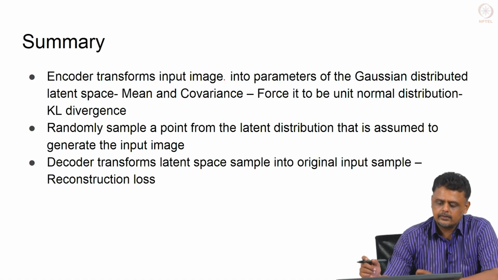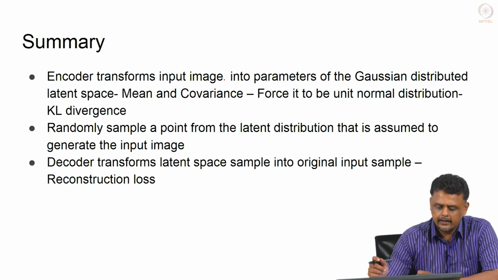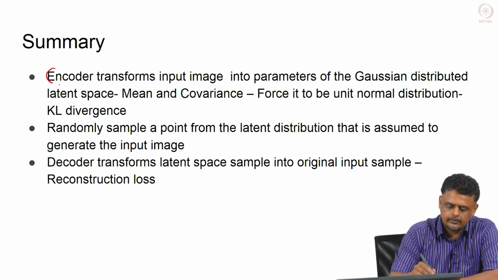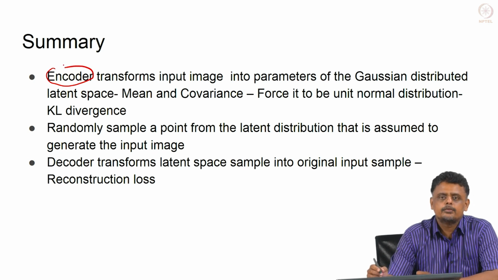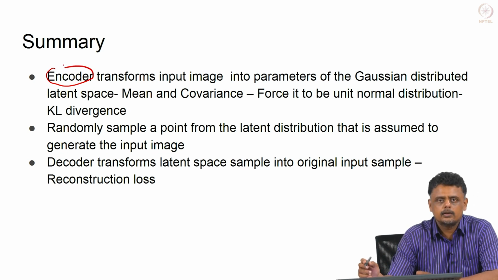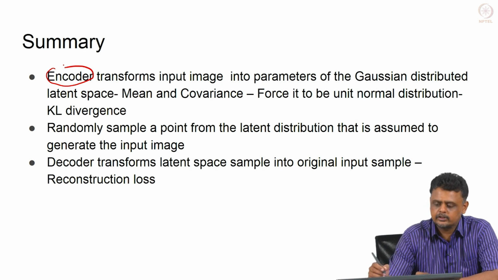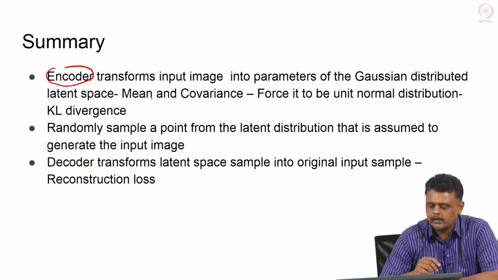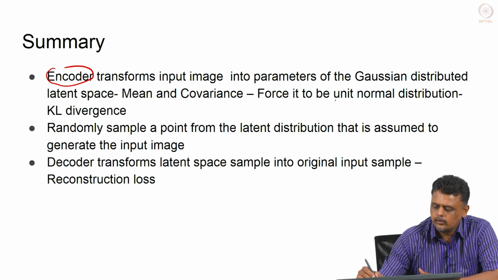So, to summarize, the encoder is a neural network that transforms the input image into parameters of a Gaussian distribution. This Gaussian distribution corresponds to the latent space, and so we had the mean and covariance corresponding to the latent representation, and we regularize it by making it close to a unit normal distribution.